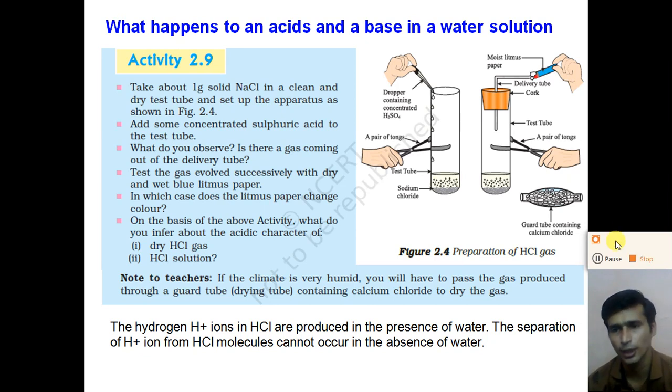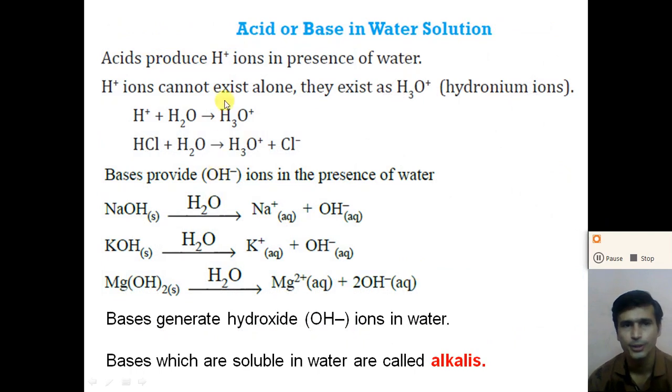So dear students, from this activity we can say that acids or bases in water solution, the acid produces the H plus ion in the presence of the water solution. H plus ion cannot exist alone. They exist with the water molecules.